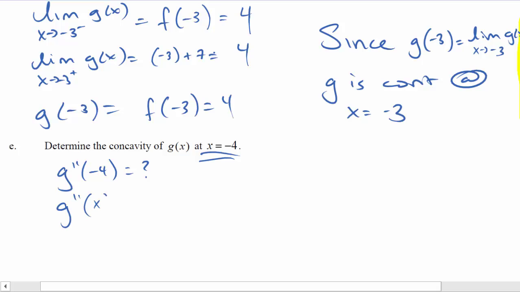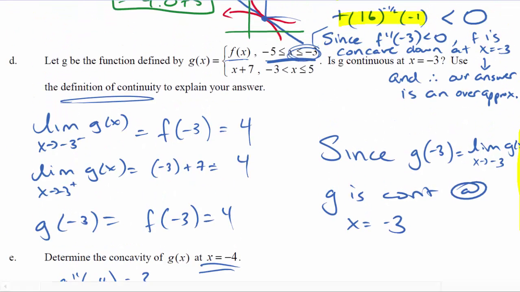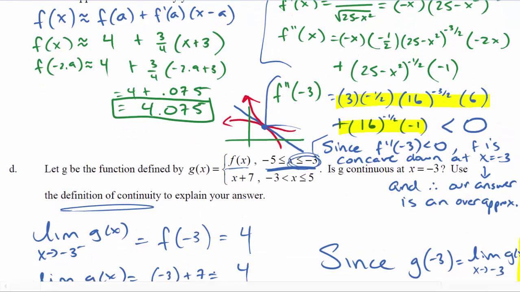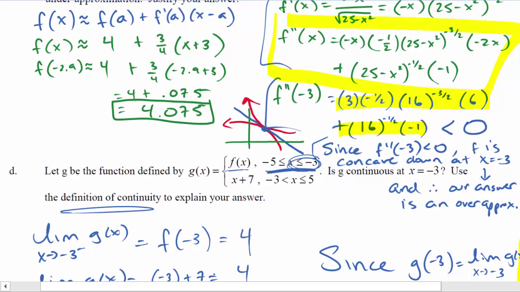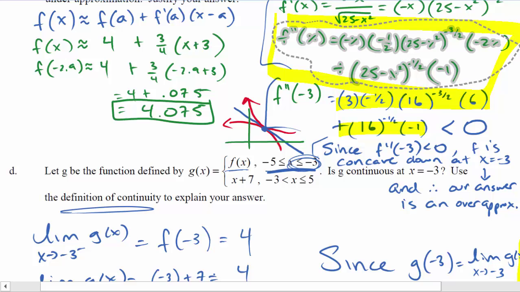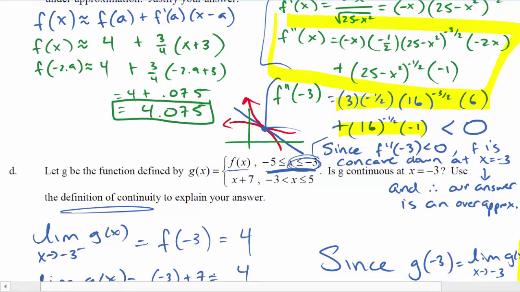is going to be the same answer I got in part B. That ugly answer, which was right here, I get to use that. So what I'm going to do is I'm going to copy that answer down here.